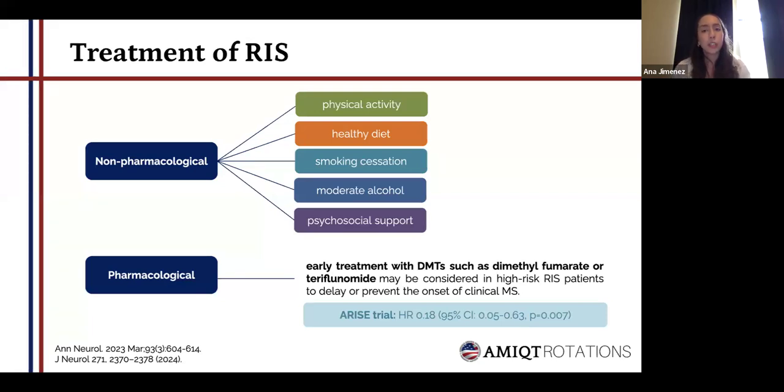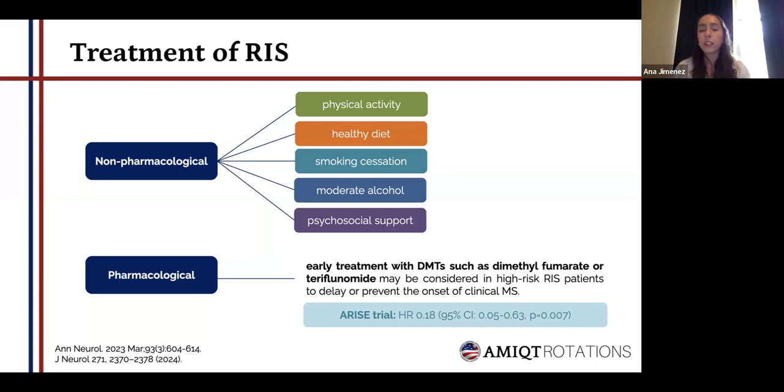And the pharmacological treatment, this is a whole other topic, so I'm just going to mention that the ARISE trial was the first trial that showed that the use of disease-modifying therapies of MS, such as dimethyl fumarate or teriflunomide, is associated with a delay in the onset of clinical multiple sclerosis.